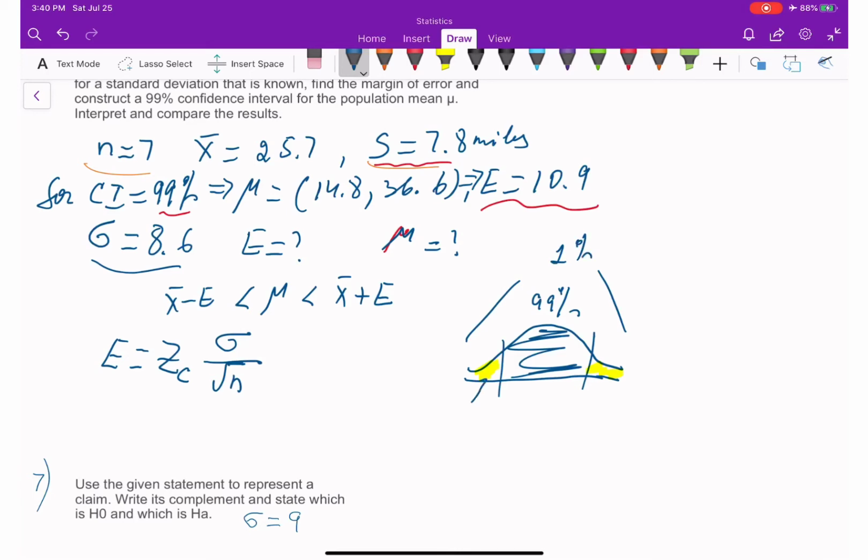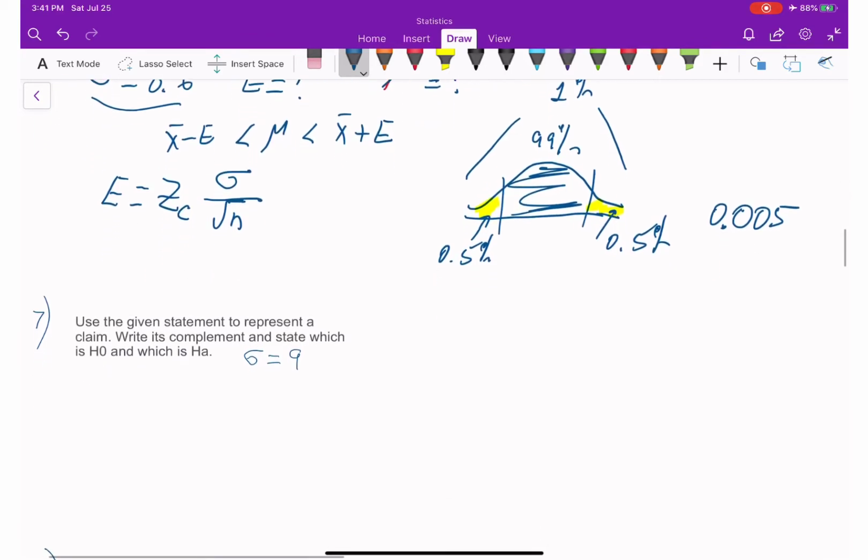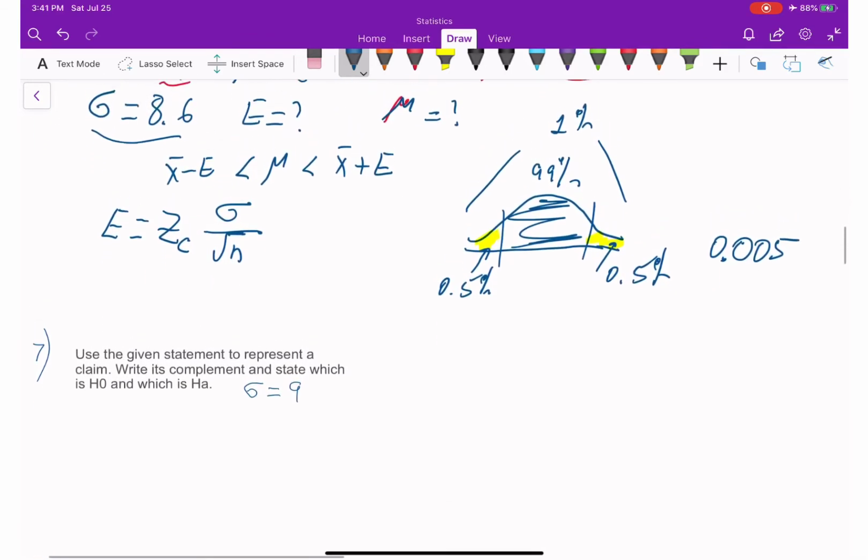Or 0.5% each, right? So 0.5% is 0.005, 0.005, right? Okay, let's go to our z-score table, and I'm going to the negative z-score because this is less than 50%.